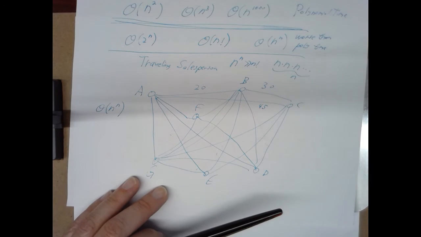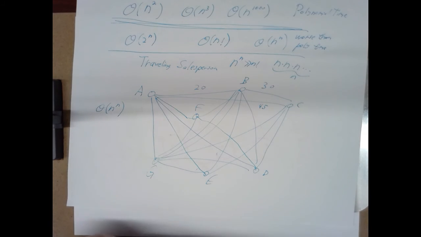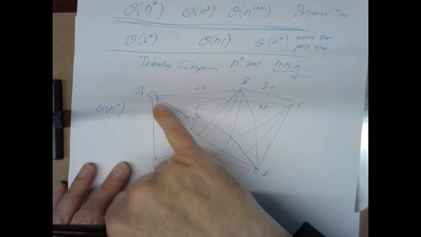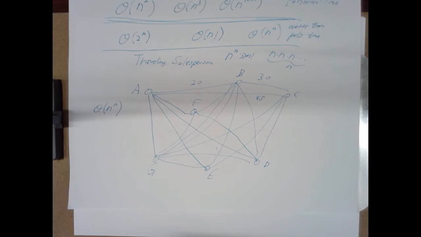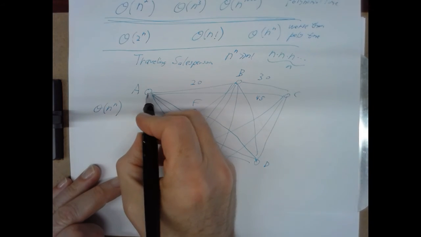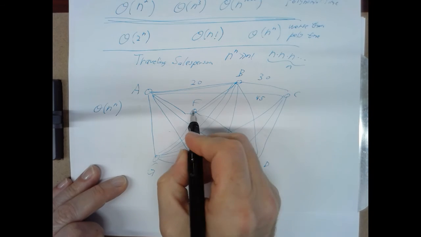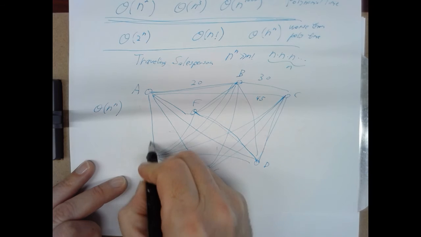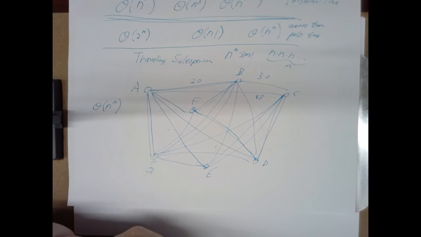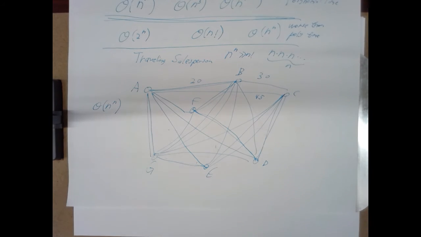If the genie knows exactly which way to go at each city, how many steps does it take to find your path shorter than 519? It takes however many cities you have minus 1. Let's go here, and then here, and here, up to C, down to E, over to G, and back, add them up. Hey, it's a shorter path. It took 6 or 7 operations, or however many cities you had.